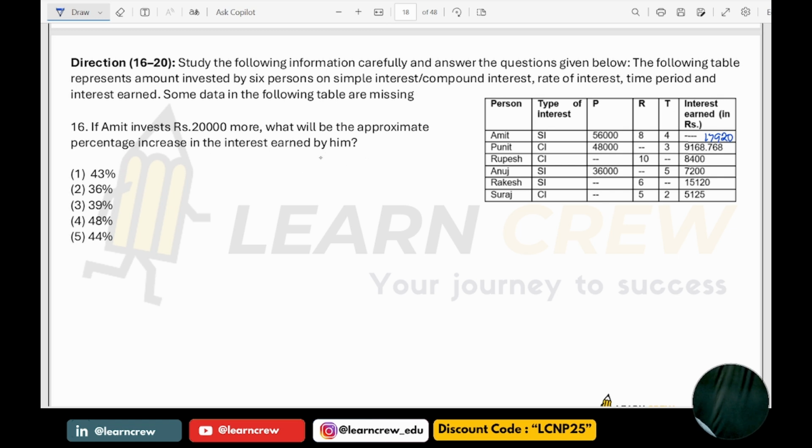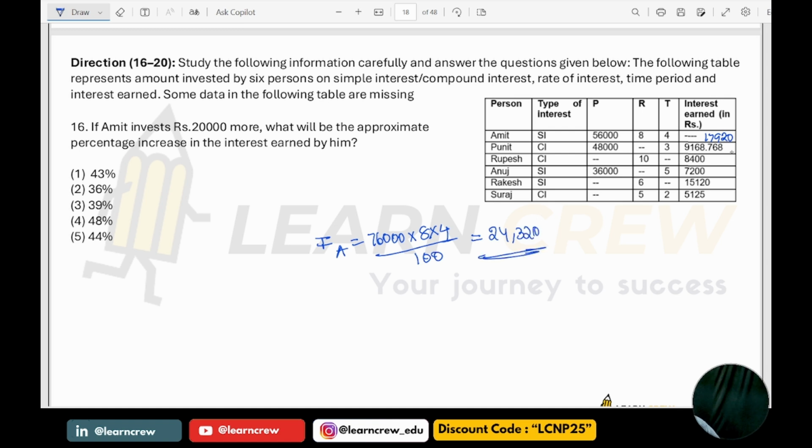So on 20,000 rupees more, again he will get additionally how much? So the interest earned by Amit on 76,000 rupees for 4 years at 8% rate is nothing but I is equal to PTR by 100, which is 24,320.